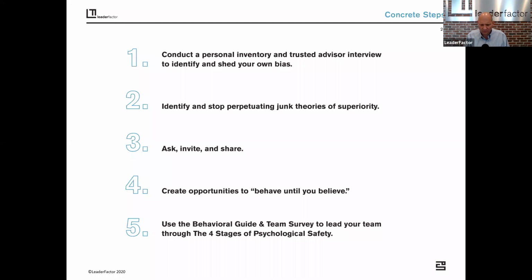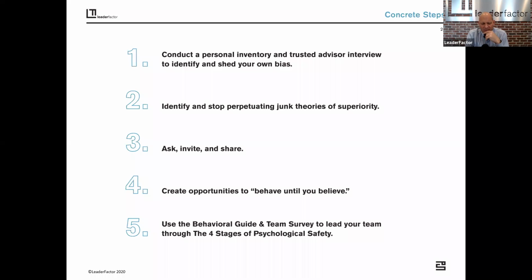So that's number 4. Number 5, in terms of additional resources, practical resources to help you, use the behavioral guide, which Junior will give you access to at the end of the webinar, and then the team survey to get a baseline on where your team is based on the 4 stages of psychological safety. What we have found is that many leaders, we ask them, so how you doing on inclusion?